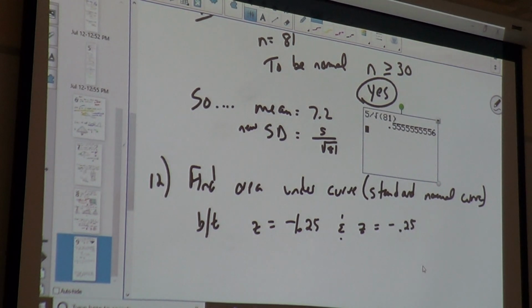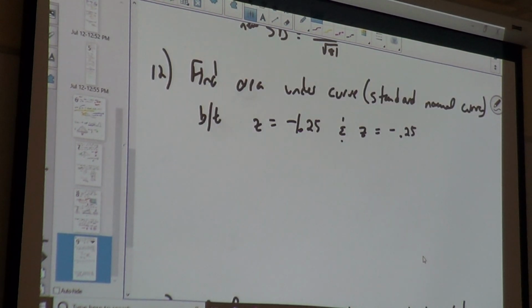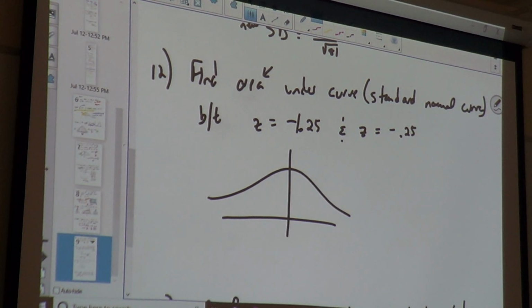Find the area under the curve, a standard normal curve, between z equals negative 1.25 and z equals negative 0.25. So we're doing area under the curve. What kind of problem is that? Normal CDF. What is my mean?